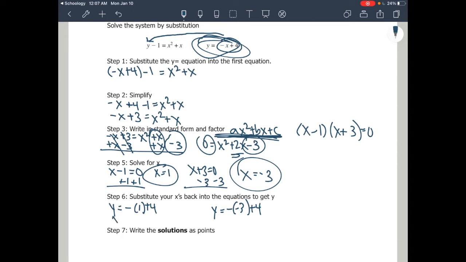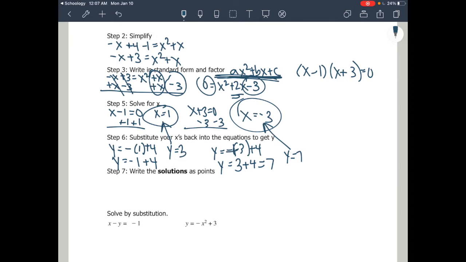Sorry, that wasn't negative 1 there. So I get y equals negative 1 plus 4, which is y equals 3, which went with that one. And then y equals 3 plus 4, which is 7, so y equals 7 went with this one. The reason I put them with the other piece that it goes with is because that's what I plugged in originally to help me find it.